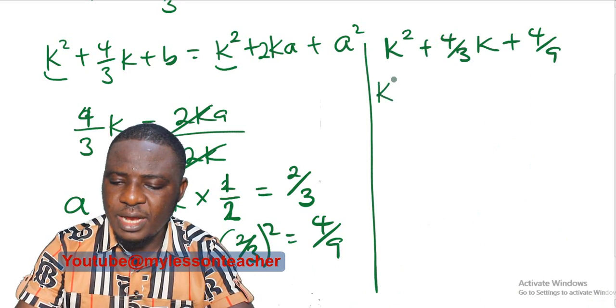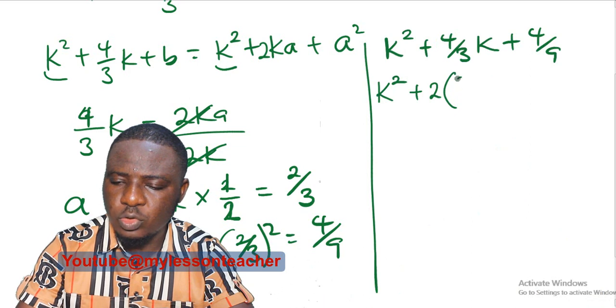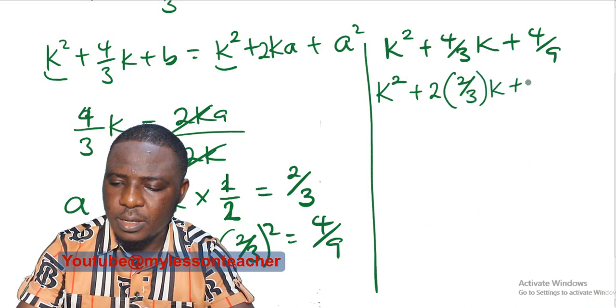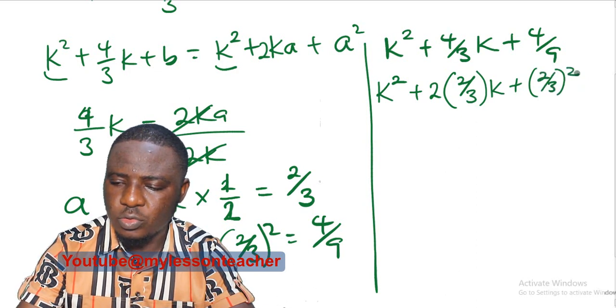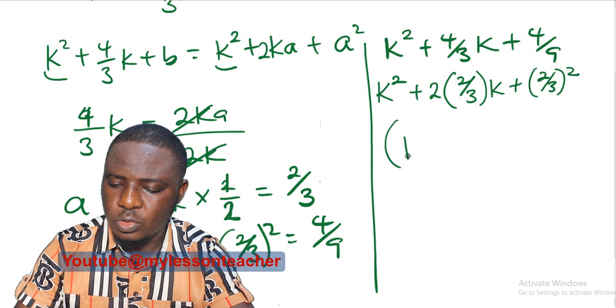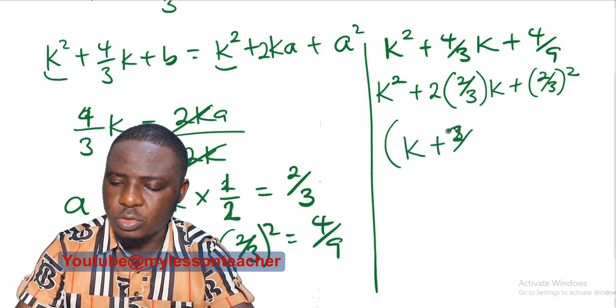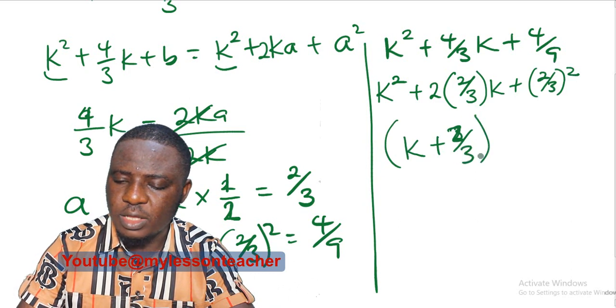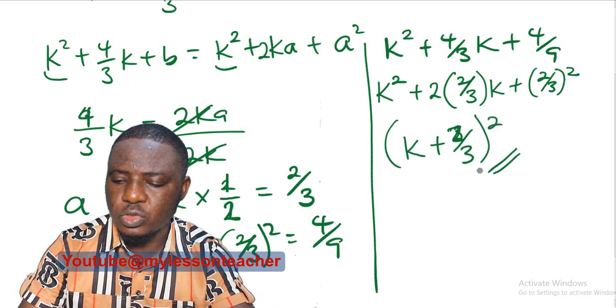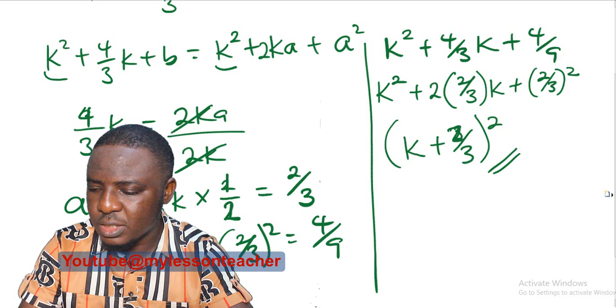So simplifying this, we have k squared plus 2 into 2 over 3k plus 2 over 3 all squared. So this gives us k plus 2 over 3 all squared when factorized.